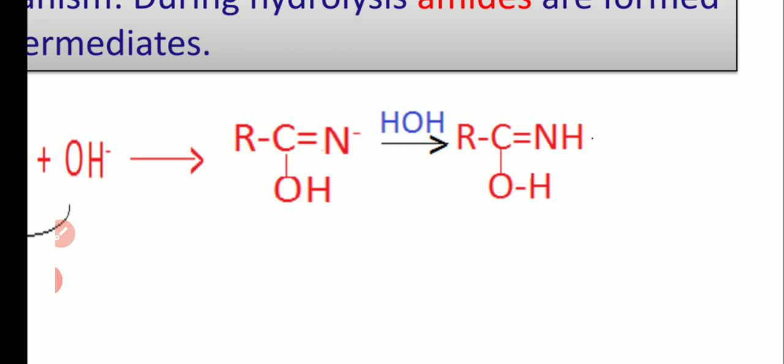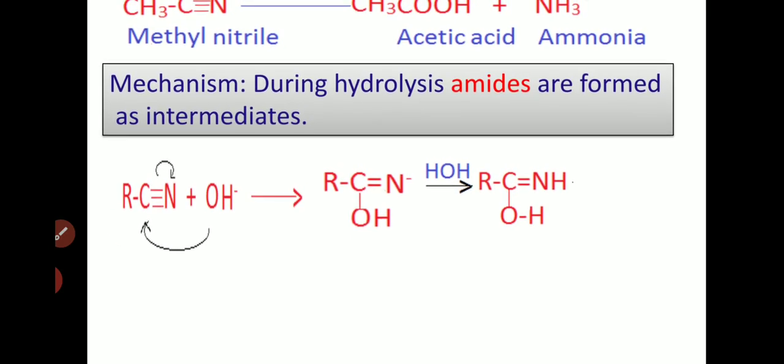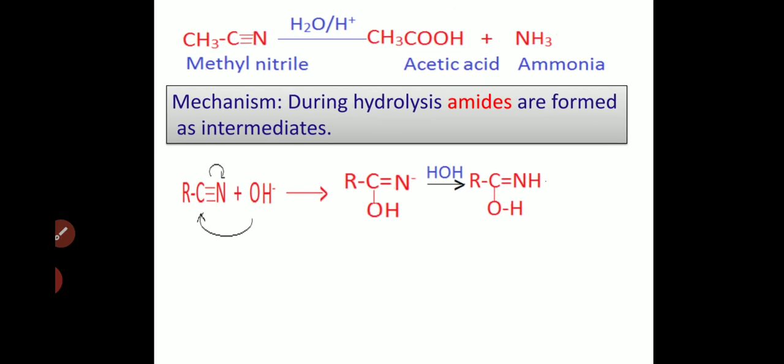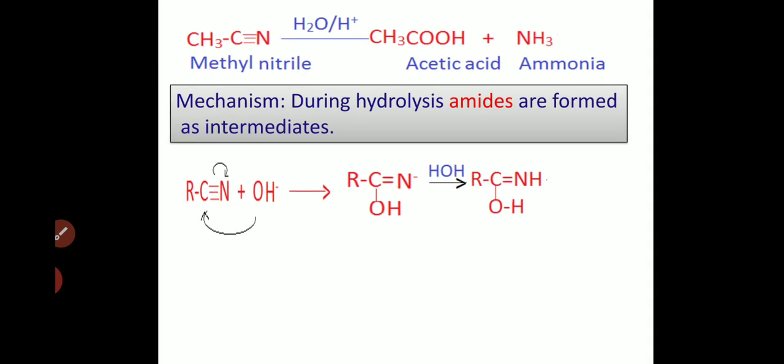That is, in the resulting compound, there is NH, no minus on nitrogen. It has formed a bond with H plus from water, thereby it has become NH. And C-OH is as it is. Now this C-OH will convert into this one like this.